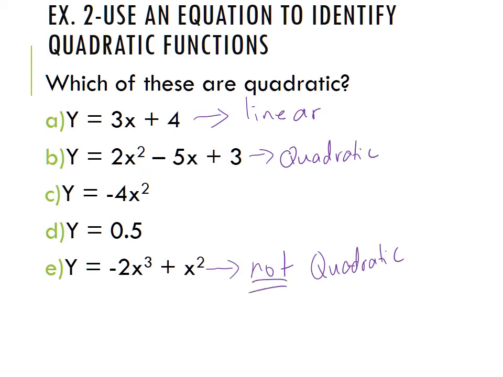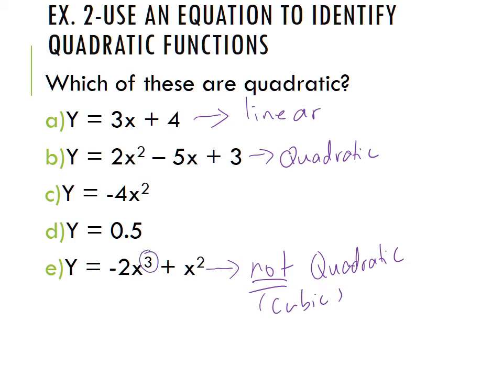Not quadratic. In fact, and you don't even need to know this, it's cubic. So to help build our definition of what makes something quadratic, we know that B is quadratic, it has x squared. E, I've just told you, is not quadratic, and it has an x squared, but it also has an x cubed.